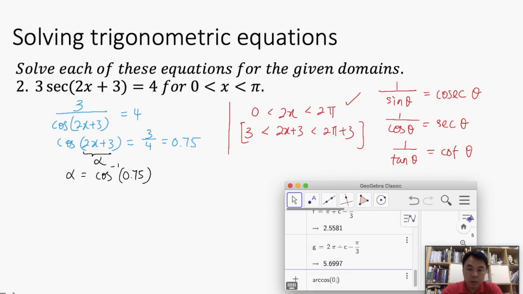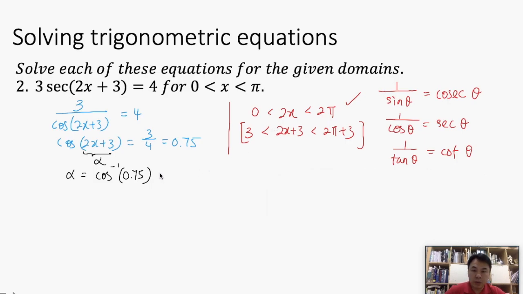Okay, arc cos 0.75. That is in terms of degrees, 41.41. Let me convert that to radians. That's 0.723. I'll write that down. There you go, that's my reference angle.